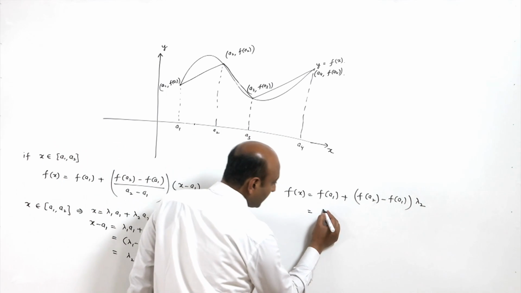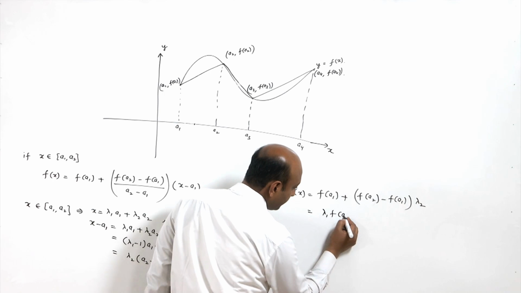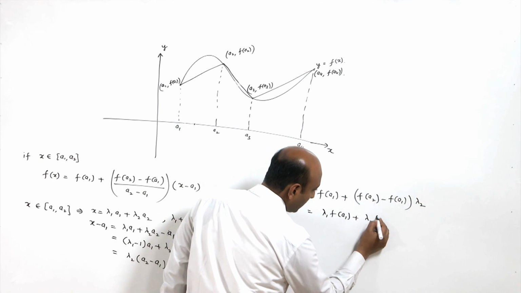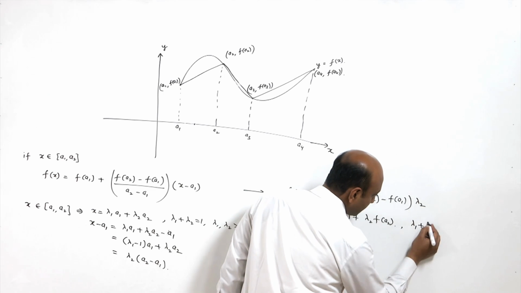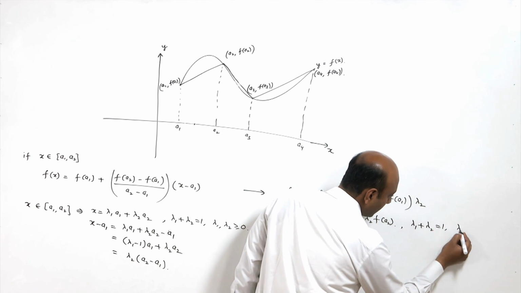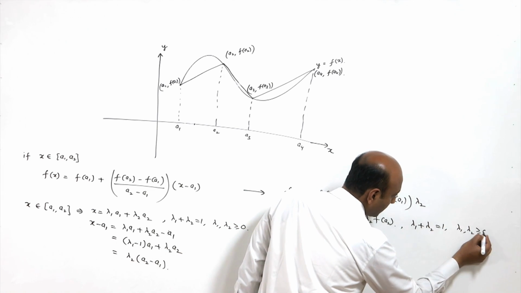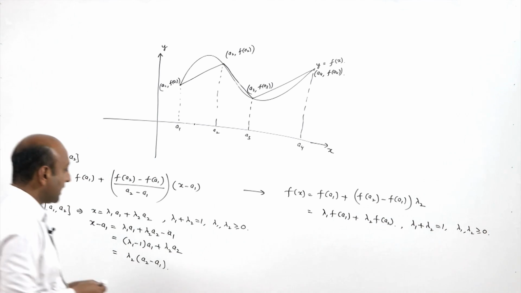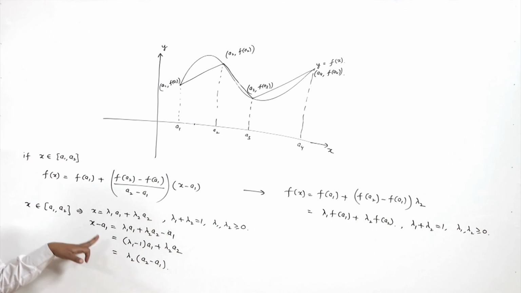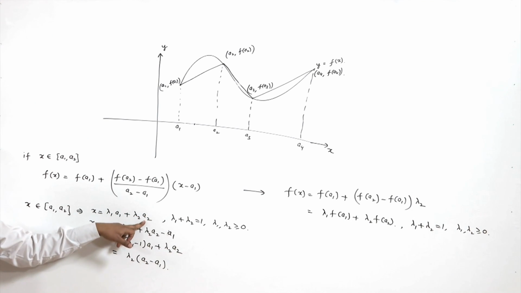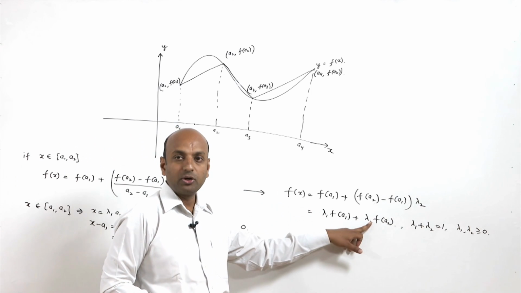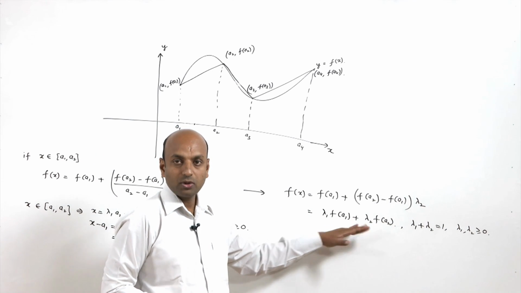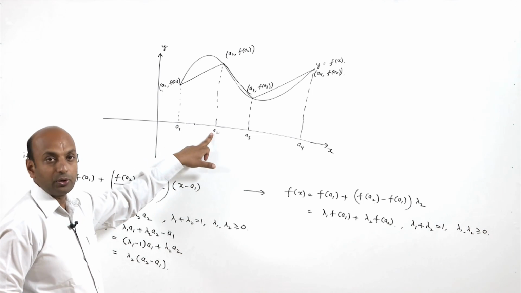So, it is lambda 1 f(a1) plus lambda 2 f(a2), where lambda 1 plus lambda 2 is 1 and lambda 1, lambda 2 are non-negative. So, that means if x is a convex linear combination of a1 and a2, then f(x) will be the convex linear combination of f(a1) and f(a2), if we are talking in between a1 and a2.